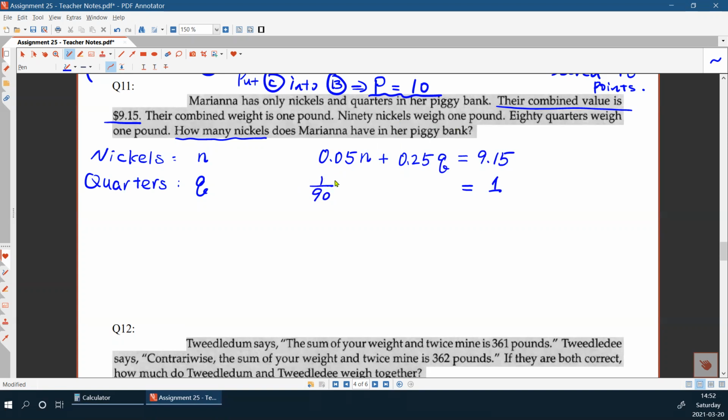So 1/90 times n plus, for each quarter, the weight is 1/80. One over 80 times q equals 1 pound. So this is the information we already know.